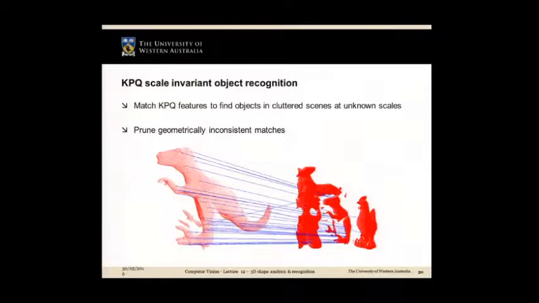And then you bring this scene, you detect key points, you extract the features from this scene, and then you match the scene features with the model features. Let's say you take one feature from this part of the scene and match that with the model features. Then you take features from this one, this one, this one, and match with the model features.